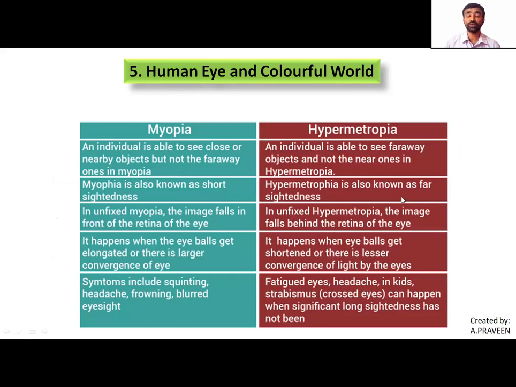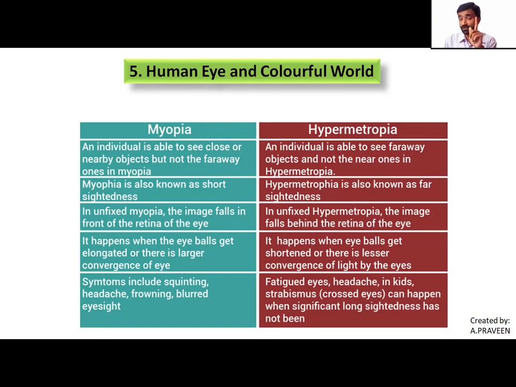These are the points we discussed. Suppose the differences are asked, between myopia and hypermetropia, or hypermetropia and presbyopia, or myopia and presbyopia, any combination, just write what you know about the defect point-wise. For example, I know myopia. It is called nearsightedness. That is the first point. This defective person is able to see near objects clearly, but cannot see far objects.